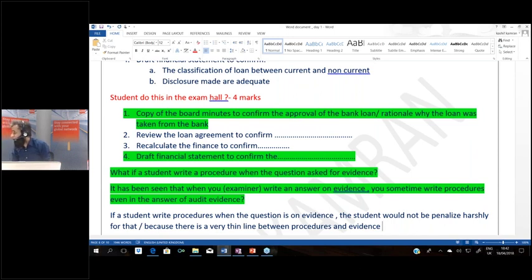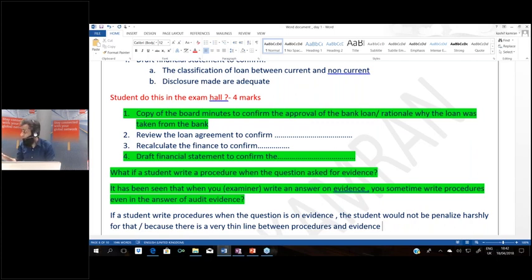Yes, Lisa. If you're writing 5 evidences and all the 5 were with review, recalculate, you can make 1 or 2 mistakes, but if you are going to make all 5 mistakes, right? If in the whole list of 5 there is not a single evidence, then you will be penalized harshly.